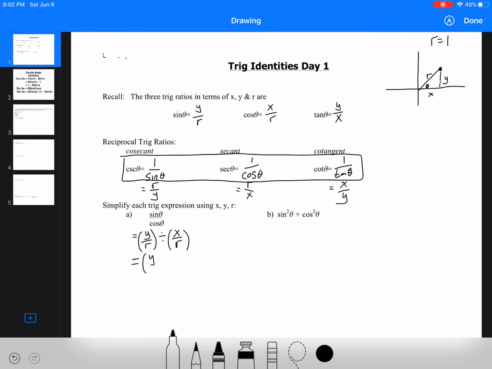But y over r times, we always multiply and then flip the fraction, we end up getting y over x. Well, y over x is actually equal to tangent. And that's our next identity, the quotient identity. The quotient identity is tan theta is equal to sine theta over cos theta.